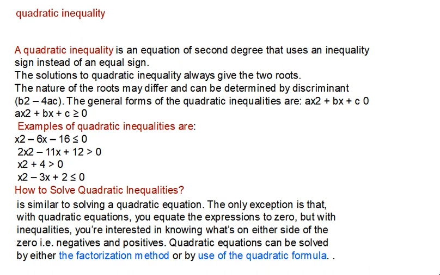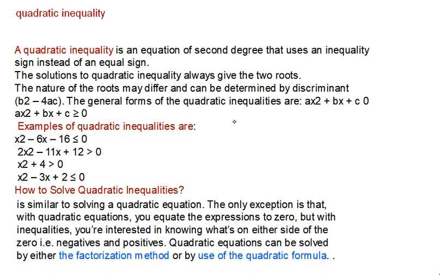So it has the same standard form as the quadratic equation. Let's see the general form. It's ax squared plus bx plus c greater than or equal to 0, or less than 0.